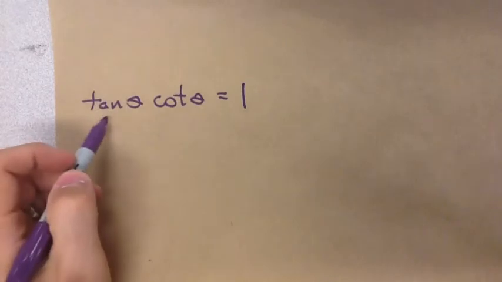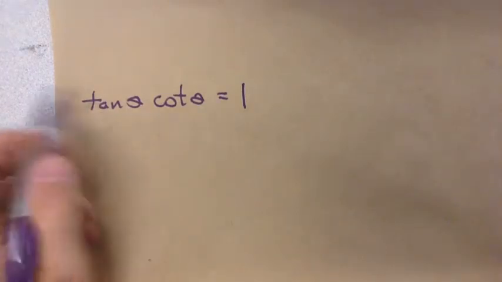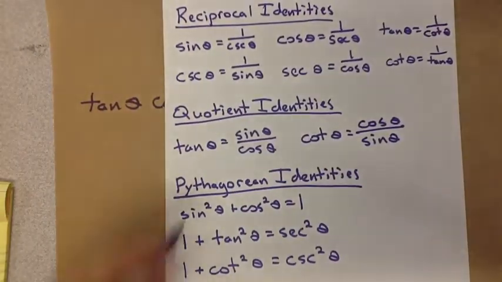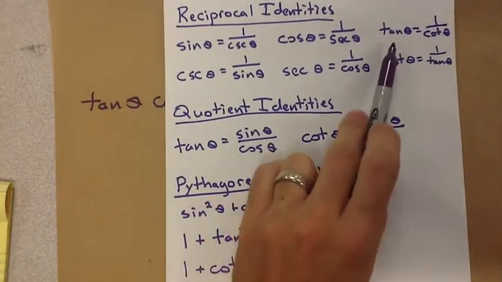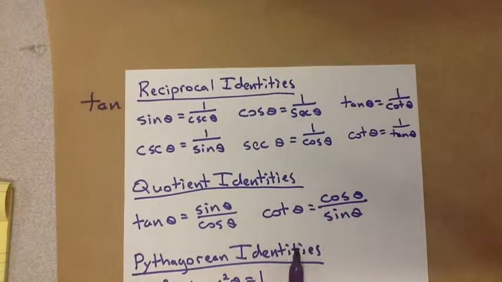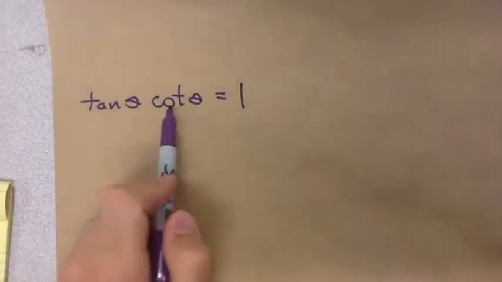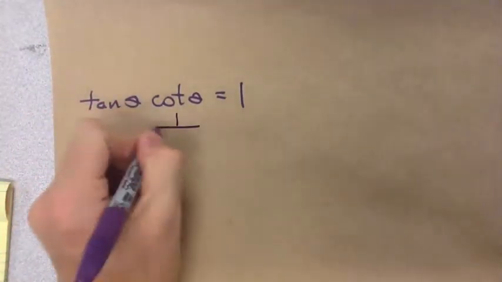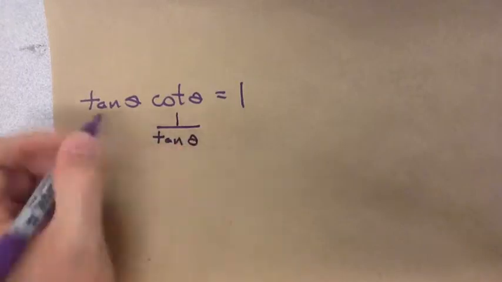Well, tangent, we can think of it using our quotient identities as being sine over cosine, or even it's the reciprocal of cotangent, and cotangent is the reciprocal of tangent. So let's do this. Let's change cotangent to be its reciprocal, 1 over tangent theta.